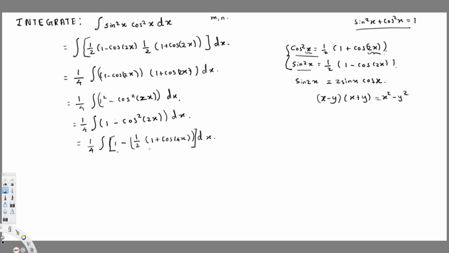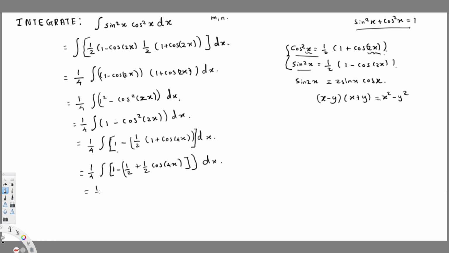Now since we have 1 minus half, let's eliminate this bracket. 1 over 4 integral 1 minus half. So let's multiply by half first. So 1 right here, 1 half plus half cos 4x times dx. Let's eliminate this bracket right now.